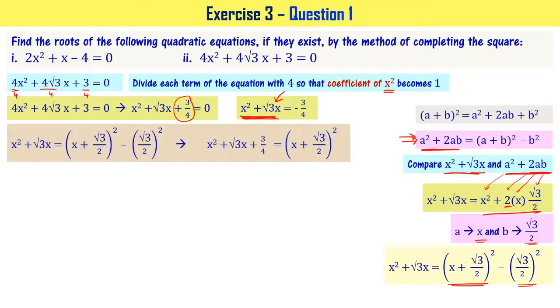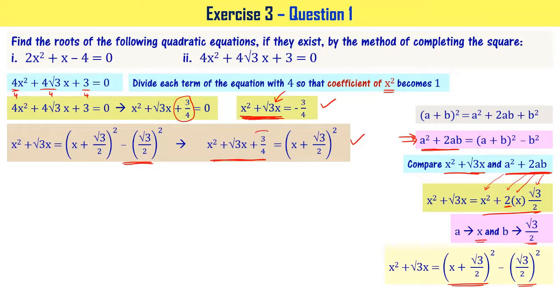This equation, when you see, I can take this part to the other side, right? Actually, this is root 3 by 2 whole square, meaning it is going to be 3 by 4, right? Let me take 3 by 4 to the other side so that LHS can be written as x square plus root 3x plus 3 by 4, that is equal to x plus root 3 by 2 whole square, right? Now compare these two equations, LHS of these two equations.